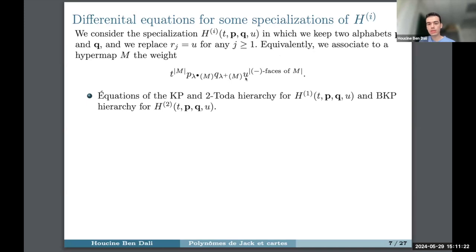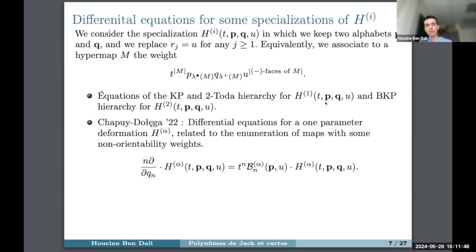And when we do this specialization, these are very well studied generating series. In particular, in the orientable case for H1, this series is known to satisfy equations of the KP and the two-toda hierarchy, and in the non-orientable case, the BKP hierarchy.